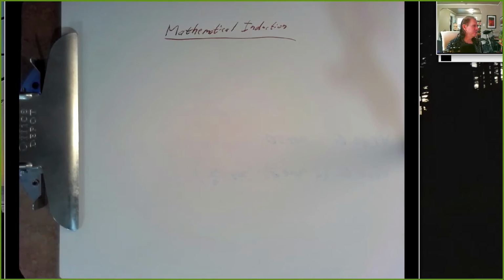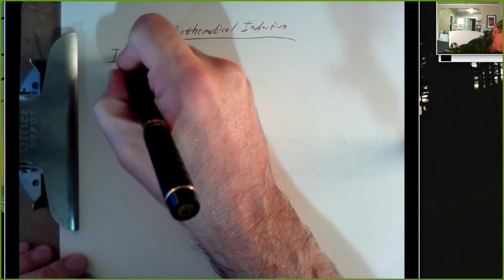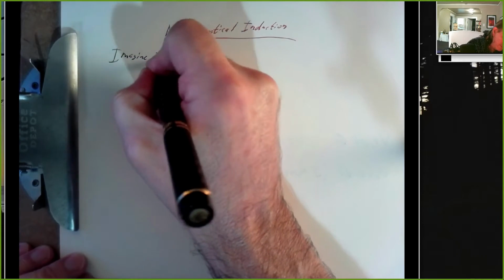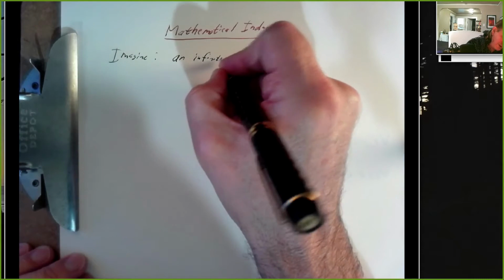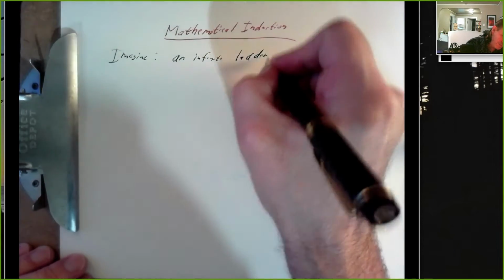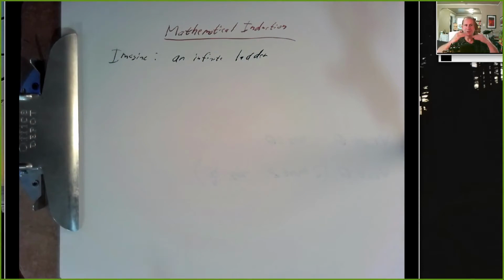But let's start with a kind of thought exercise. So imagine an infinite ladder. Infinite number of rungs on this ladder. So what does that mean?